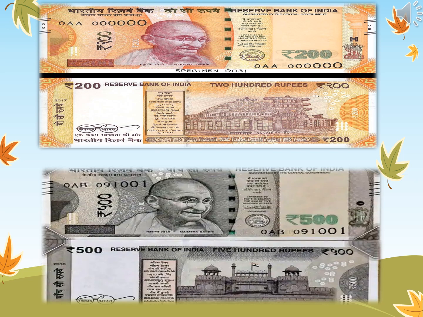Till now, we have learned about 1 rupee, 50 paise, 5 rupees, 10 rupees, 20 rupees, 100 rupees, 200 rupees and 500 rupees. You can go through the video again to identify the types of notes and coins. You can also go to your mother or father and ask them to show you the same kind of notes or coins.